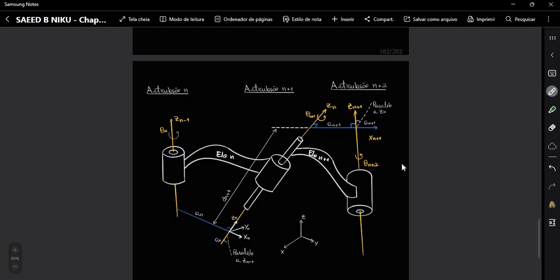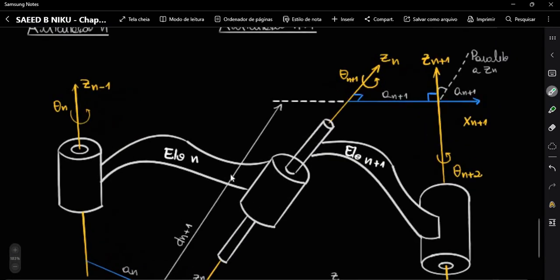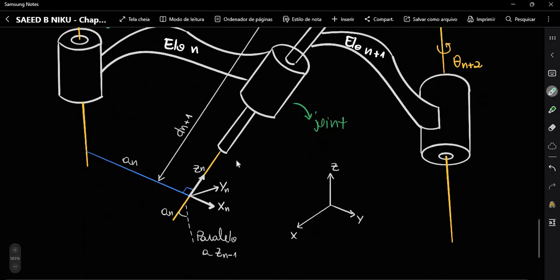Okay, so as you can see right here, we have this joint. So this one is a joint. A joint. This one is also a joint. A joint.